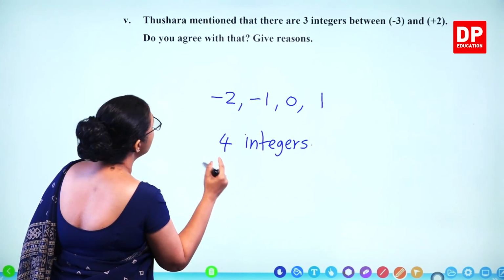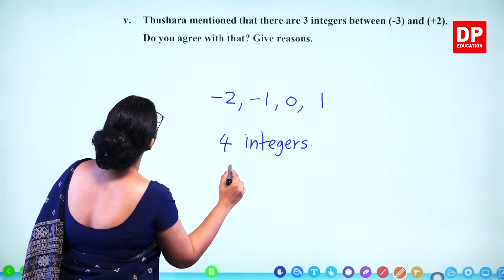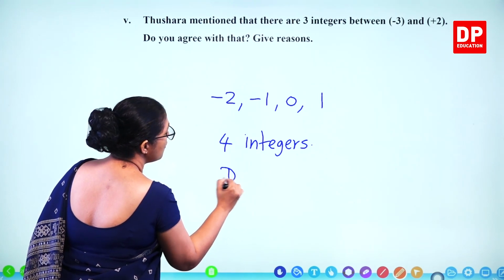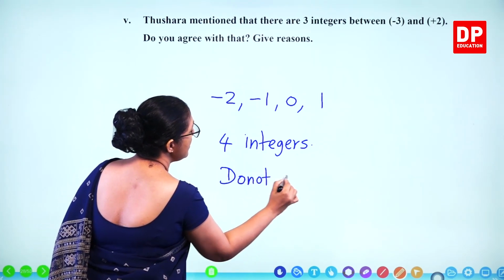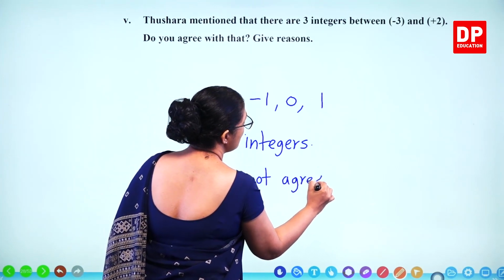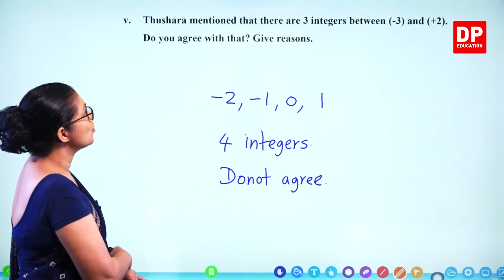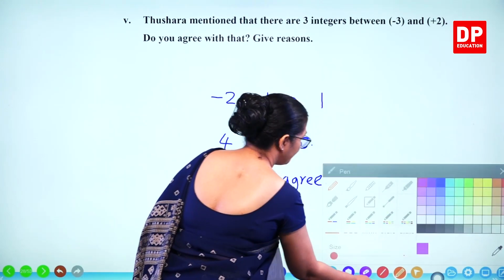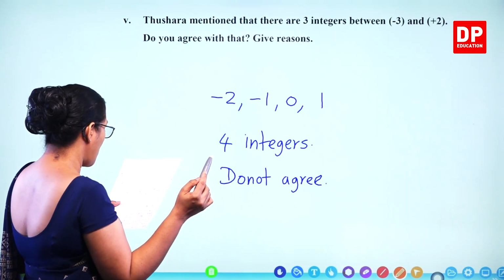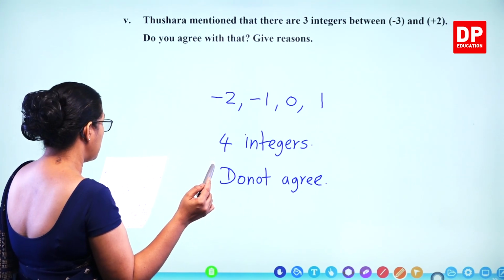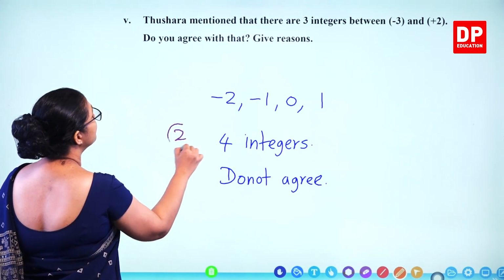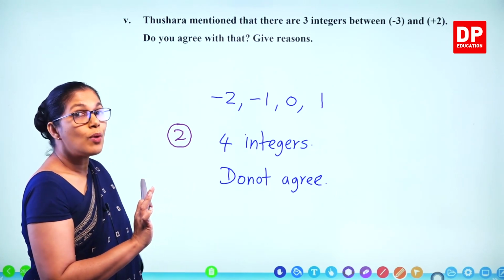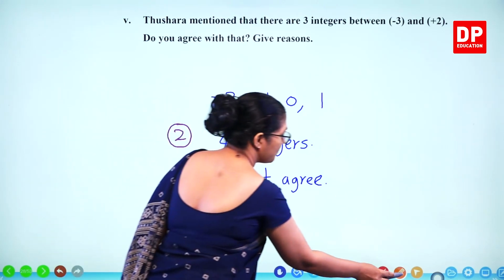So do you agree? We do not agree with this because there are 4 integers. So that's the last part of question number 2. That's you are getting 2 marks. So we gave all together 12 marks for that question.